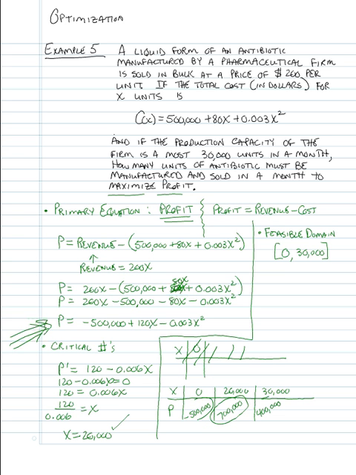And so we need to produce 20,000 units for a maximum profit of $700,000. Okay. And so the answer, of course, is that we needed to produce 20,000 units.